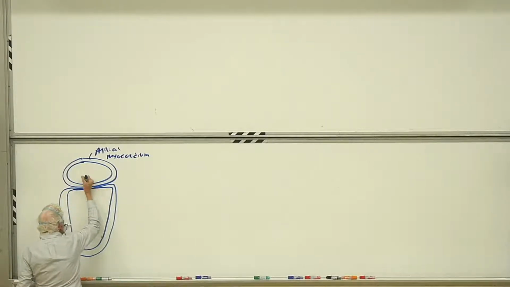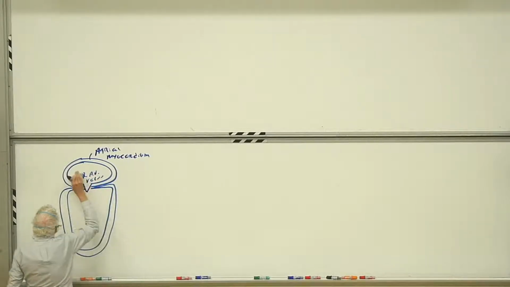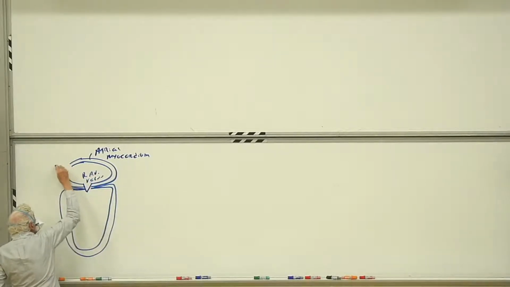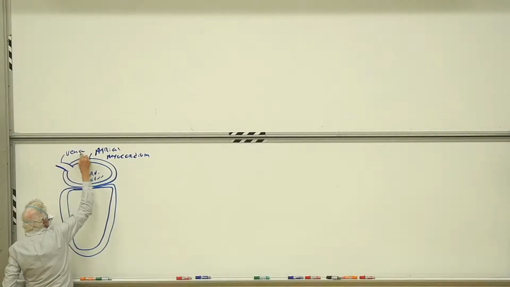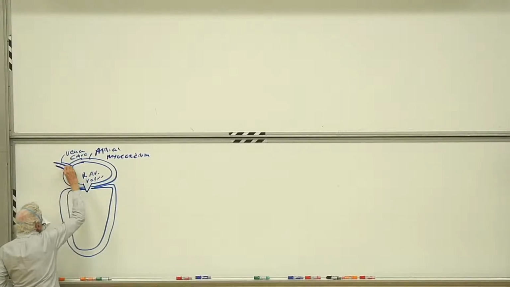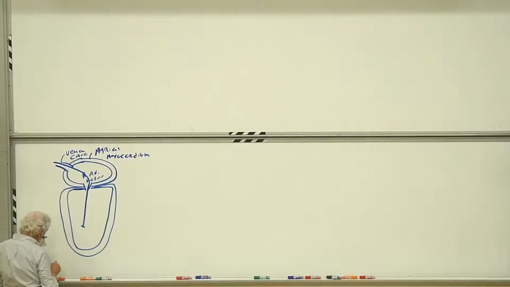And the only pathway between those two chambers was across this right AV valve. The input to the right side of the heart is through this structure known as the vena cava. So the blood flow comes in through the vena cava, flows down across the open right AV valve and into the ventricles.